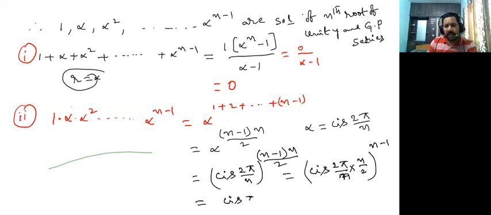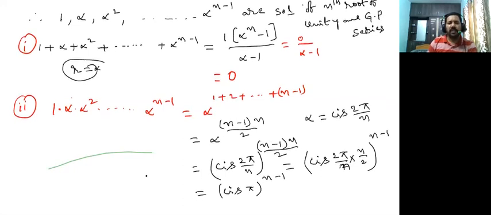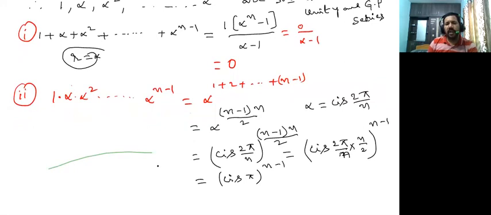Cis pi whole power n minus 1. What is the cis pi value? Cis pi means cos pi plus i sin pi. Cos pi value is minus 1. Sin pi value is 0. Overall, this is minus 1 whole power n minus 1. This is okay.